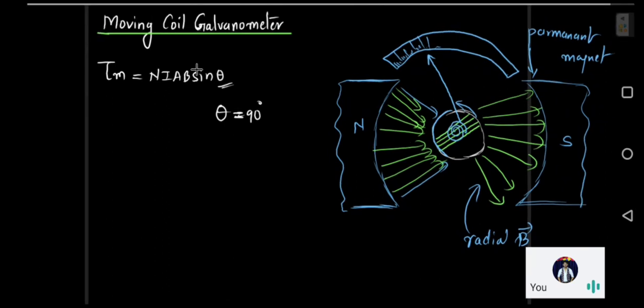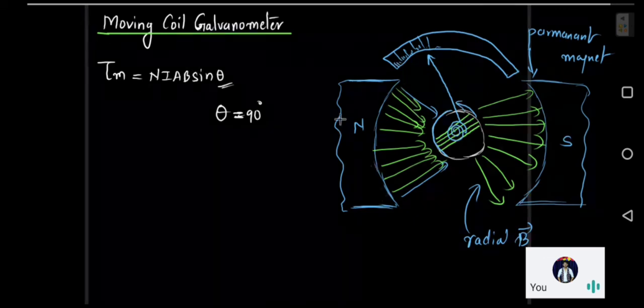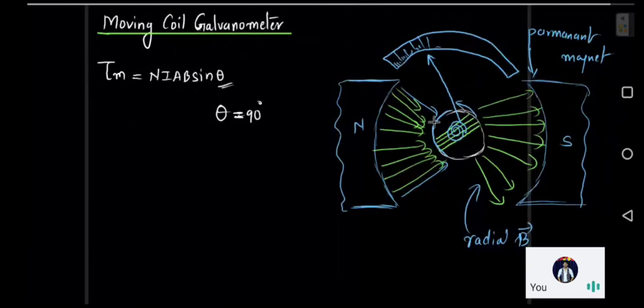The main intention of providing these surfaces as curved surfaces and also the core, so that it makes it radial, is that at every point this theta should be equal to 90 degrees.